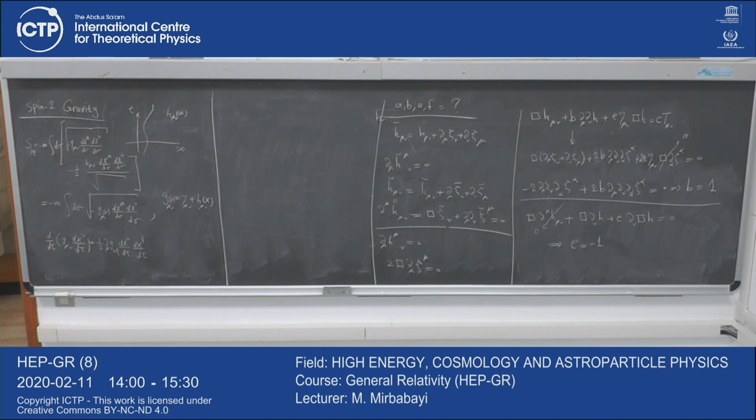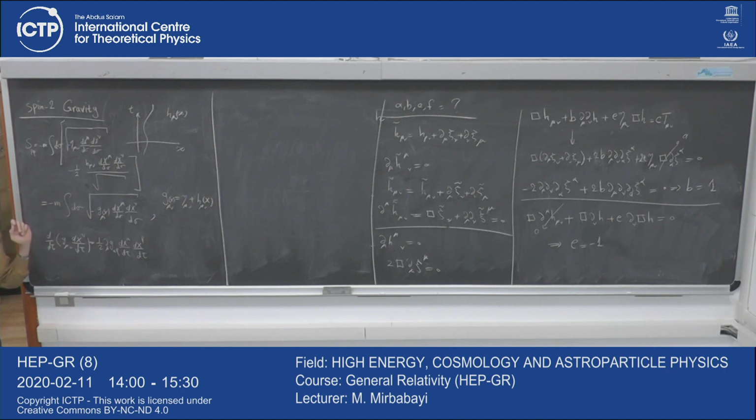Any question? There, should you write τ instead of σ? Where? In the second step. Here? Yeah. Why? Well, if you agree with that, these two terms are equivalent up to linear order in h_{μν}.